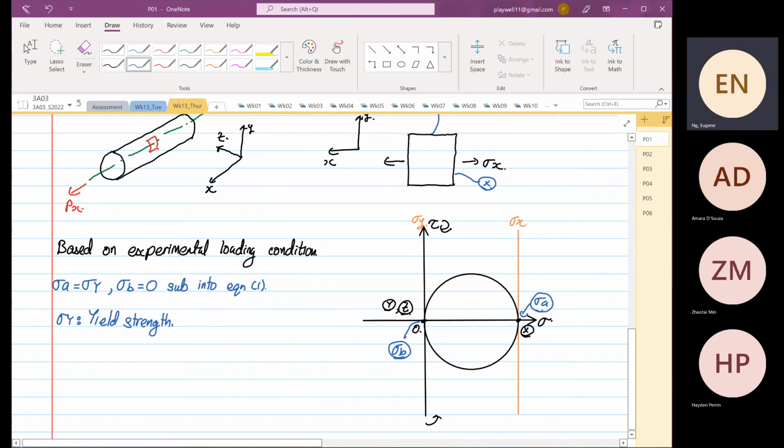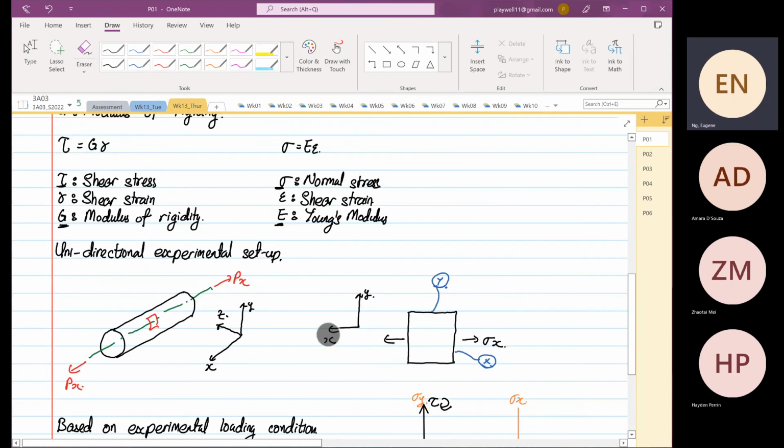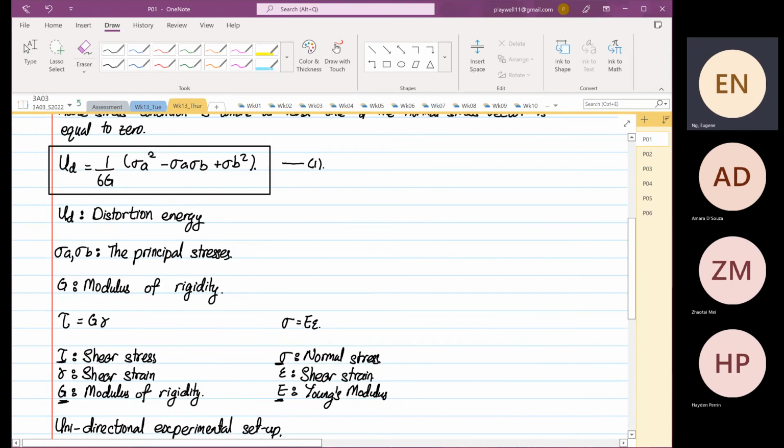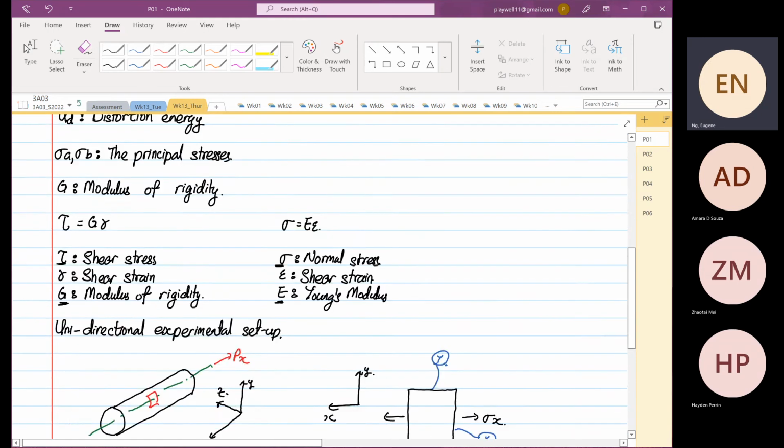So from here, I'm going to write out a term as we will have UD, and this is Y, and this will be equal to 1 over 6G. We're going to substitute into equation number 1: stress A squared minus stress A multiplied by stress B plus stress B squared.